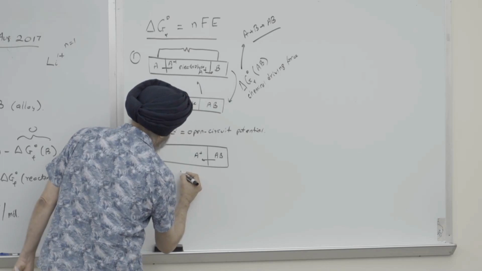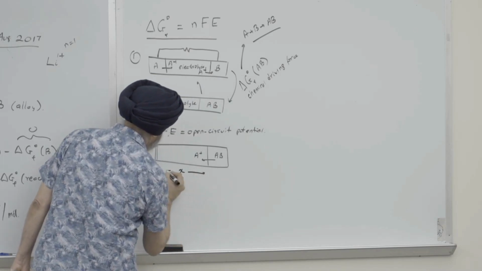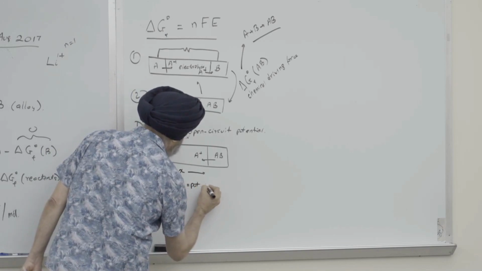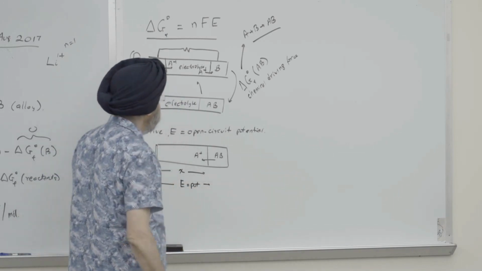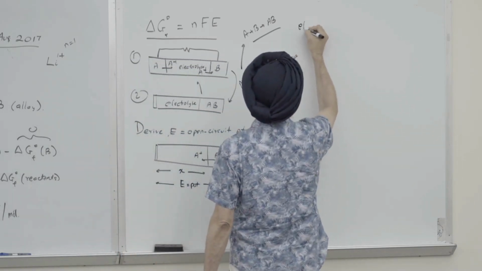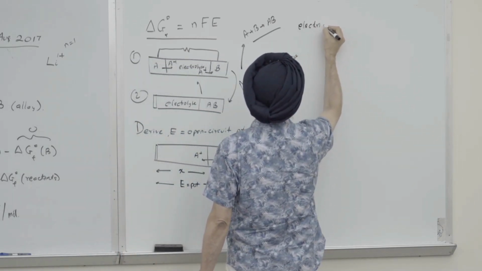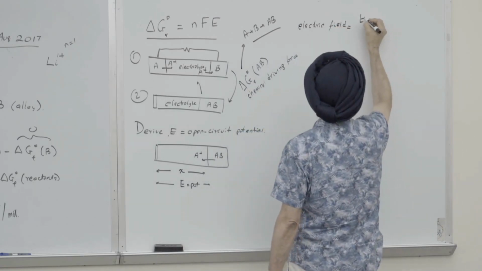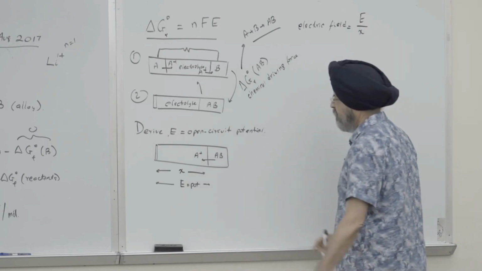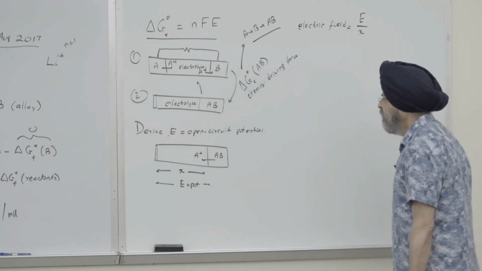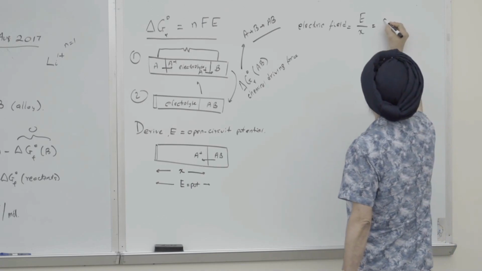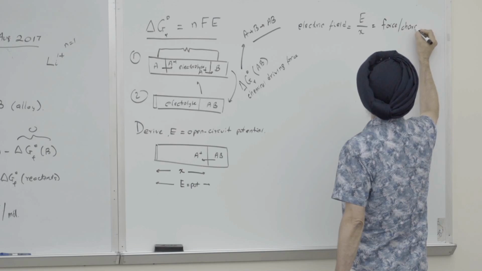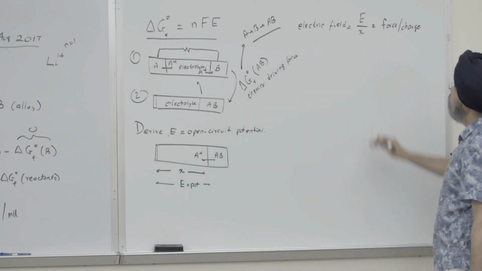Let me say this distance is x, and the potential is E. So what is my electric field? Electric field is E over x, voltage over distance. Electric field is also force per unit charge. That's the definition of electric field.